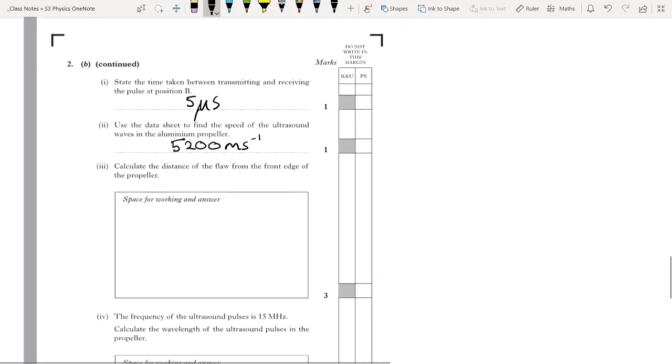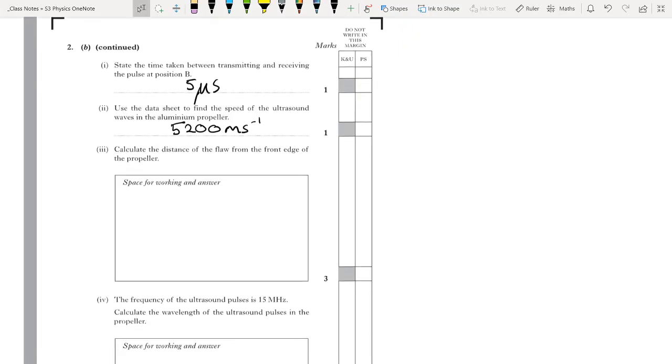Right, part 3: calculate the distance of the flaw from the front edge of the propeller. So actually, this should be 4 marks. Because you have to find the distance there and back, because we've got the time there and back. So speed times time.